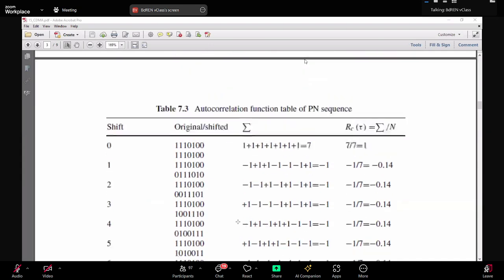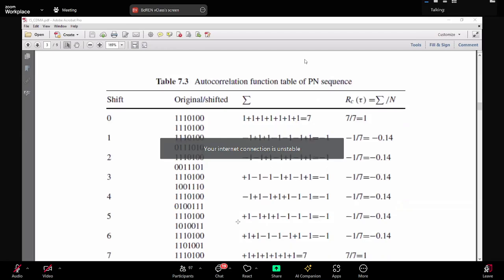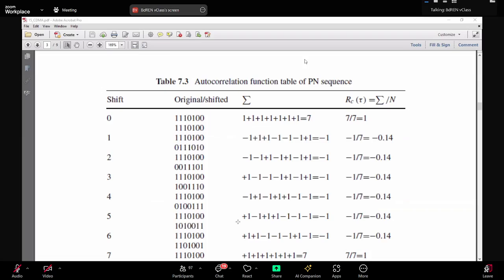Okay. So the next day we'll discuss what we mean by good cross correlation. Many different PN sequences have been proposed by different researchers with the same purpose, that the correlation properties be good. If the autocorrelation gives you good values, then it's a better or more popular PN sequence.